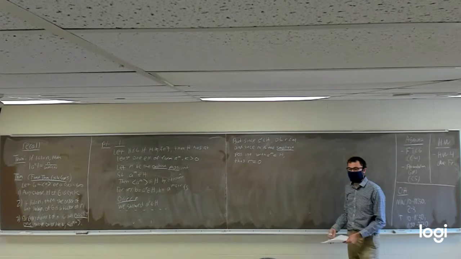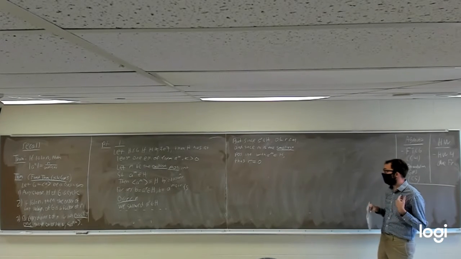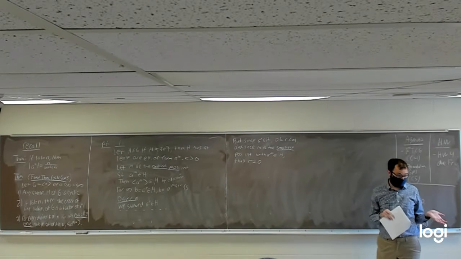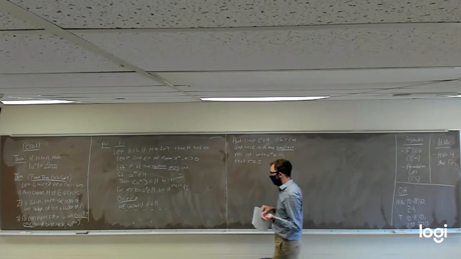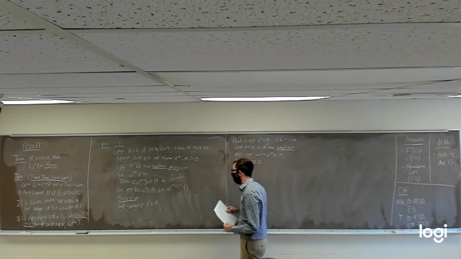Because otherwise, if R was anything greater than 0, that would contradict M being the smallest positive integer with A to the M in H, because we know that R has to be strictly smaller than M.